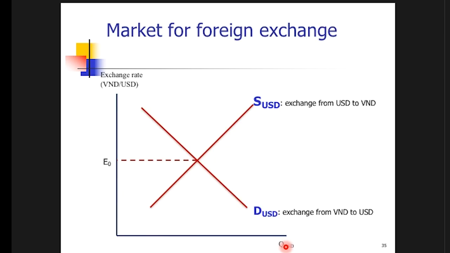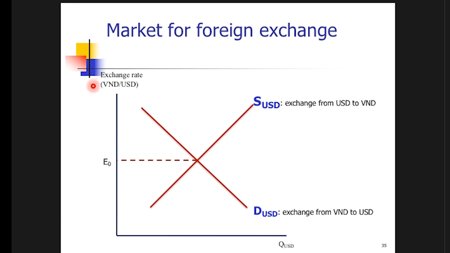So finally, we have the supply and demand for foreign currency in exchange for domestic currency. In this diagram, we show the quantity of US dollars in exchange for Vietnam dong, and on the vertical axis, we show the exchange rate.